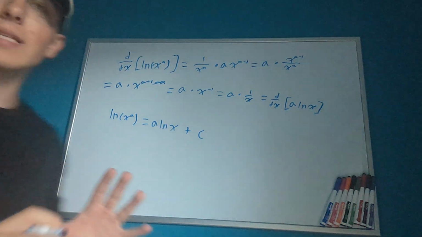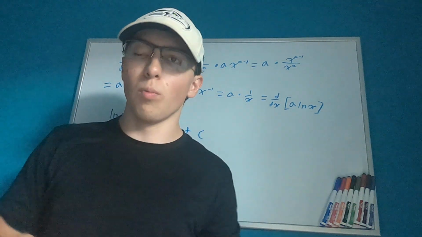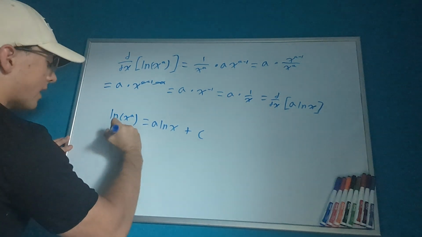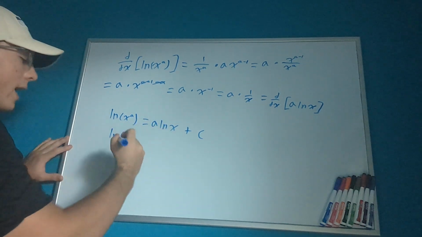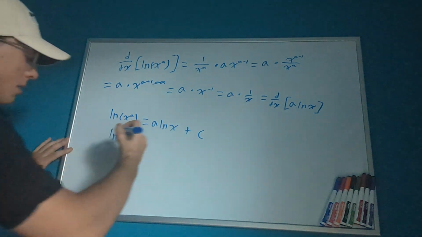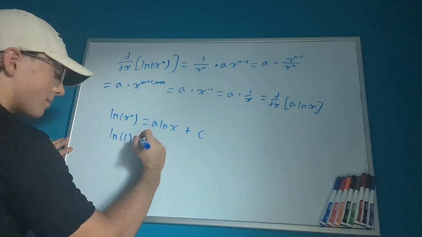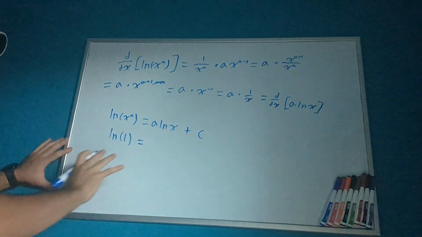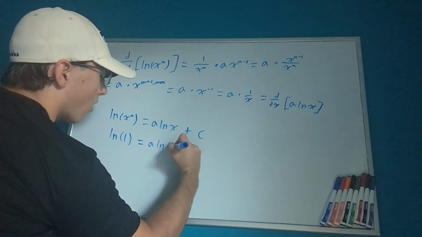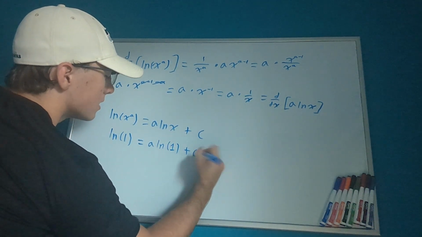Now, we're going to set x equal to 1. So when x is equal to 1, it'll be the natural log of 1, because it doesn't matter what a is. No matter what you raise 1 to, it'll equal 1, unless we're talking about infinity, but we're not. Then this equals a times, once again, the natural log of 1 plus c.